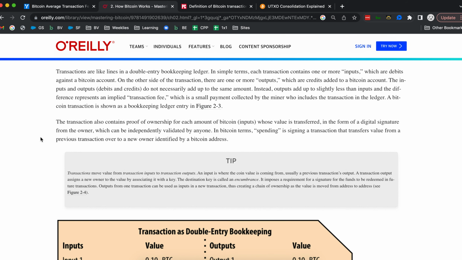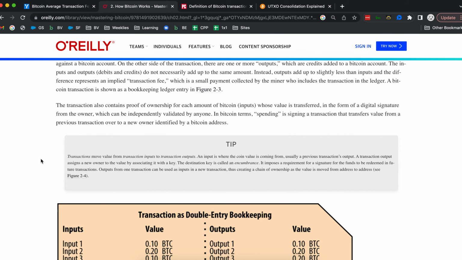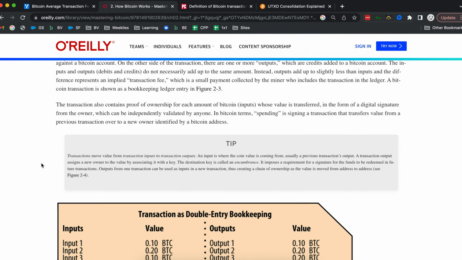When you see a balance in your wallet, what your wallet's really doing is scanning the Bitcoin network and summing up the amount of these outputs which your address can spend, and that's coming up with your amount, right?